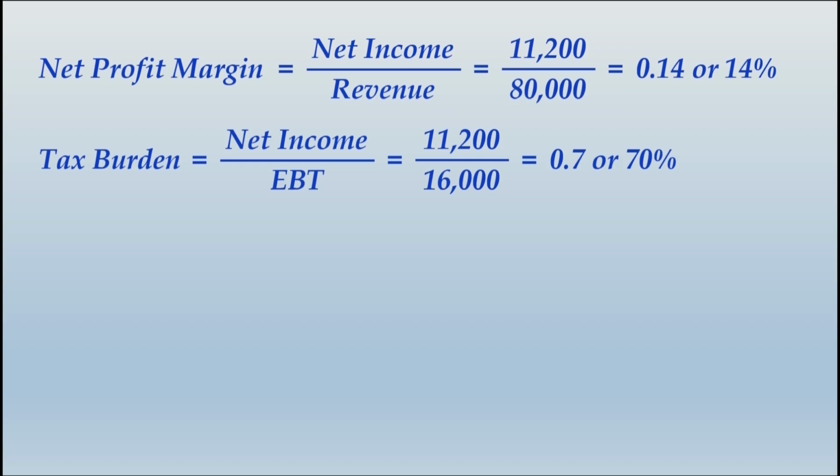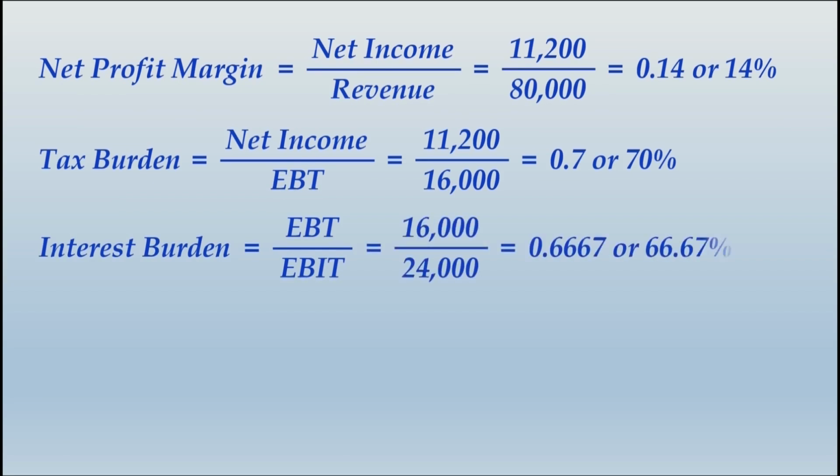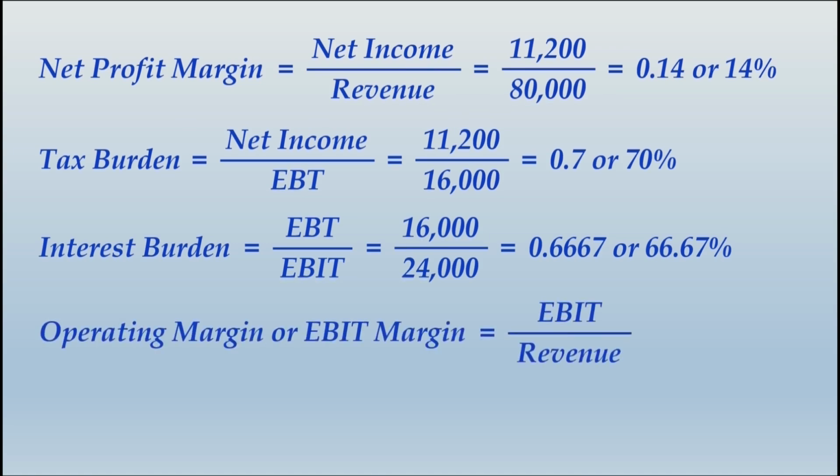Now interest burden will be EBT divided by EBIT, that will be 16,000 divided by 24,000, and that will be 0.6667 or 66.67%. And operating margin or EBIT margin will be EBIT divided by revenue, that is 24,000 divided by 80,000, that comes to 0.3 or 30%. So let's first write up these calculations and then I take you ahead.